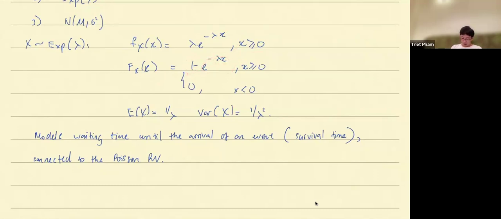The second thing you should remember is that it has a memoryless property, which says that the probability x is bigger than t plus h, conditional on x bigger than t, is the probability x is bigger than h.